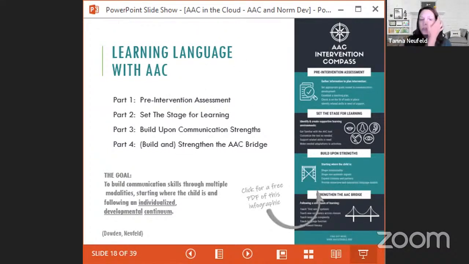If the child's coming to you and you are going to provide AAC supported service to them, you need to get a good baseline to set goals and strategies in place. So pre-intervention assessment is key. We also need to set the stage for learning, build upon their strengths, and then of course build AAC if it's not yet present, or strengthen AAC strategies if they are present. Again, we don't have time today to go in at length on this framework, but we're going to talk a little bit about intervention for explorers and navigators.